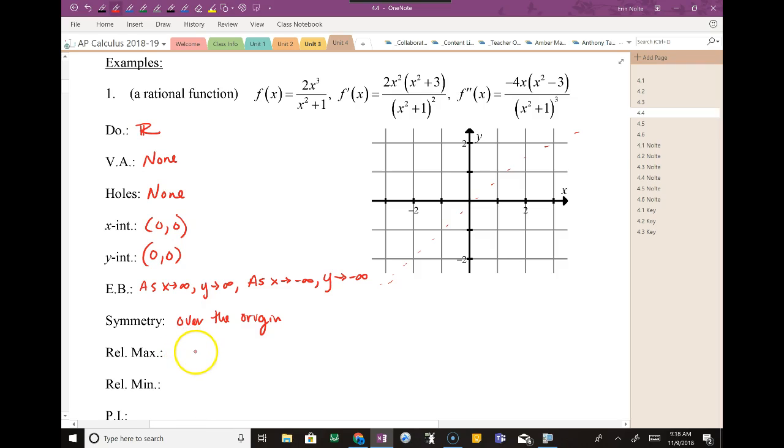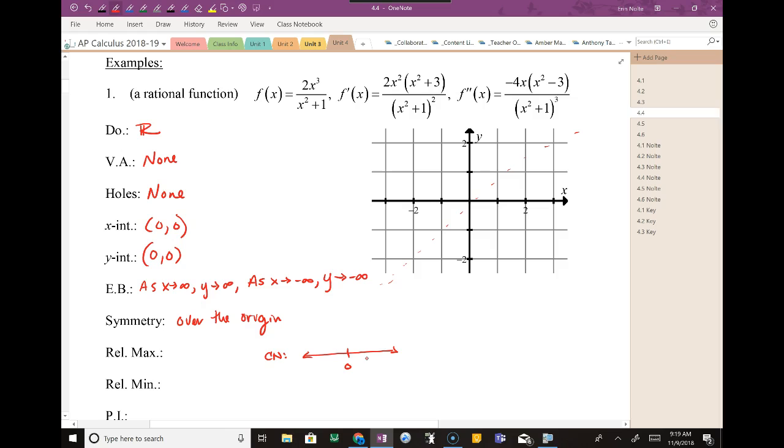So if I plug 0 in to my original function, what is my corresponding y value? Oh, hold on, my bad. This is my critical number. 0 is my critical number. So I have to do a number line test to decide if it is a min or max.